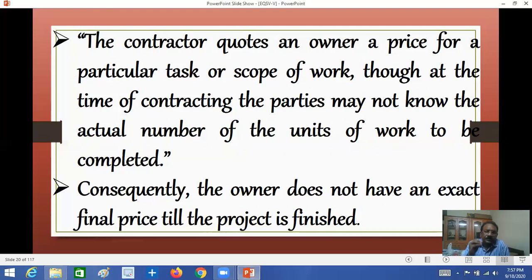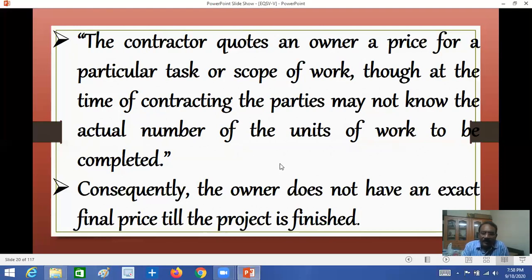For this unit, so much amount I will pay. For this item, I will pay this amount. After completion of the building only, the owner will know the exact final price. According to unit wise, we will pay the contractor as each item of work is completed.